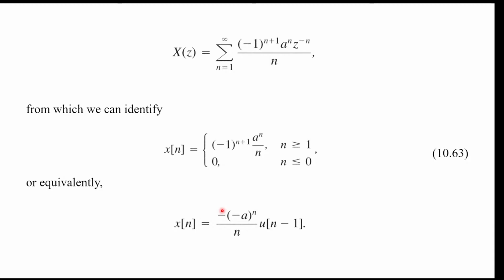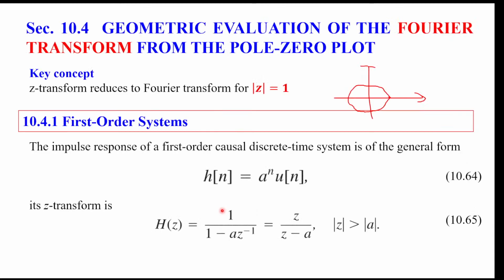Okay. We have about 30 minutes, so I think we can go over a little more. We can talk about geometric evaluation of the Fourier transform from the pole-zero plot. This is very similar to what we did in the Laplace transform case.